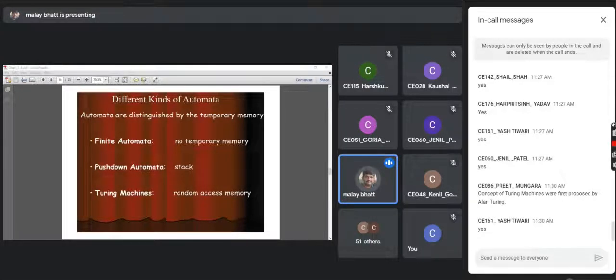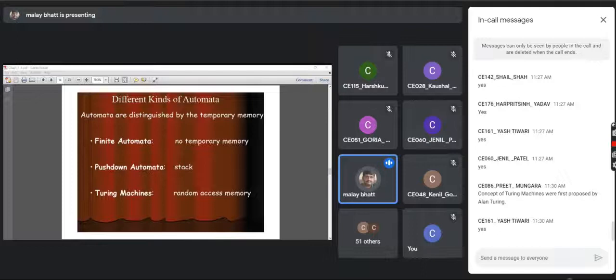Then your two-wheeler, we are comparing with linear bounded automata, which is not in your syllabus, the third level of automata, in which we are using a fixed size random memory.